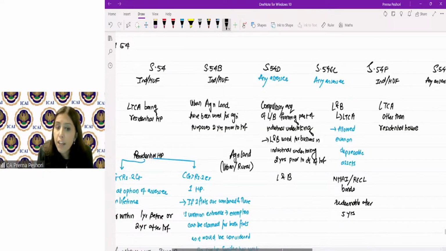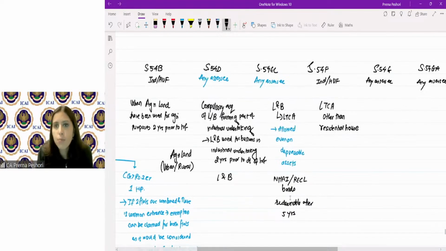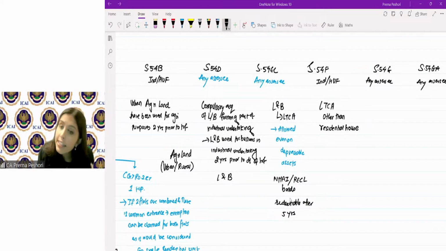So for 54F, it should be any other asset which is a long-term capital asset other than the residential house. It can be a plot of land also. Plot of land, not land and building. Land and building which is a residential house, you cannot claim over here. Land and building which is not a residential house, you can claim here. So it can be any other asset other than a residential house for 54F.